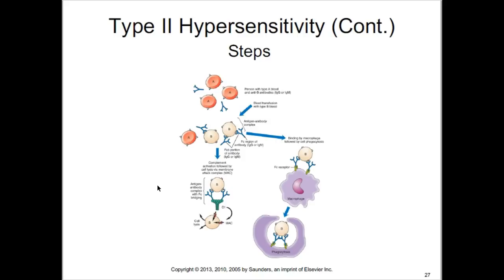So just like the blood transfusion mismatch reaction, that's what a type 2 hypersensitivity reaction is, right? So we have antibodies that float in our plasma. Remember, that's part of our blood, but it is not in our red blood cell. Our red blood cell has antigens, and the antibodies can't match the antigens on our cells, right?